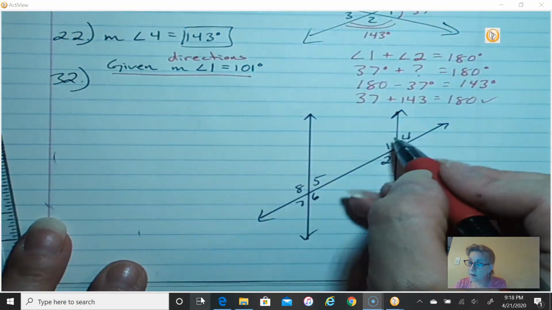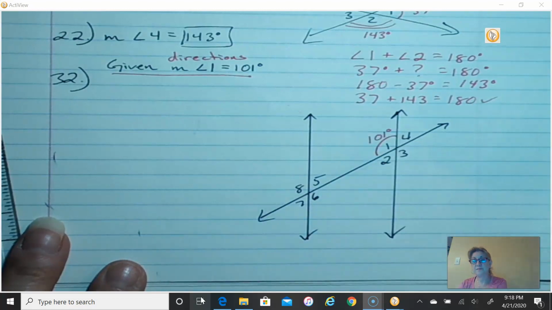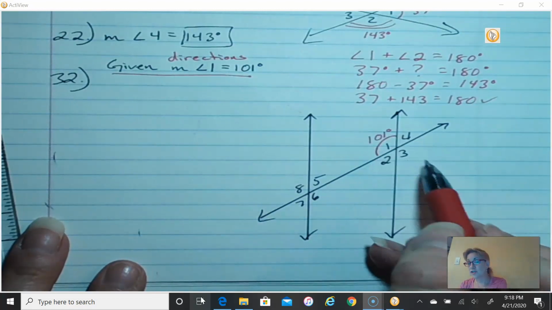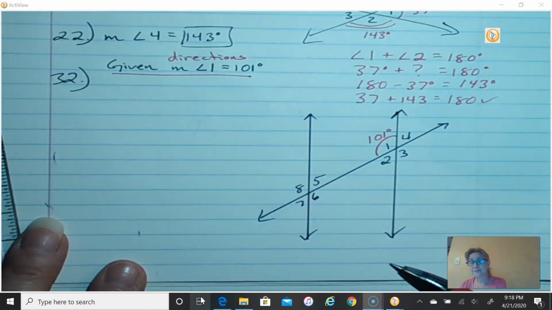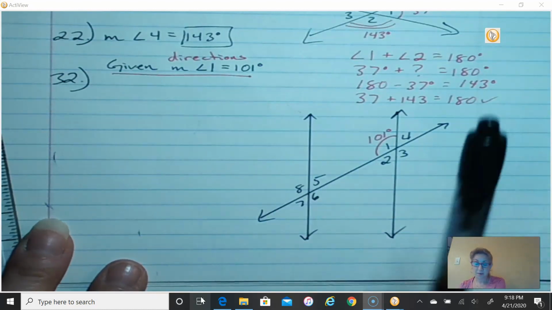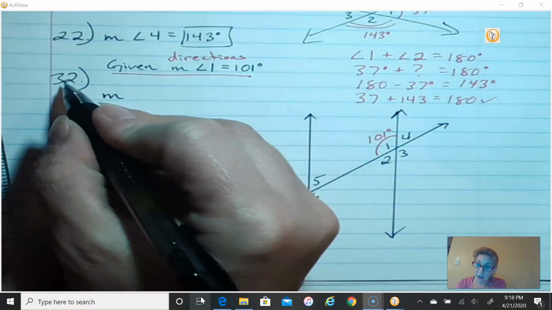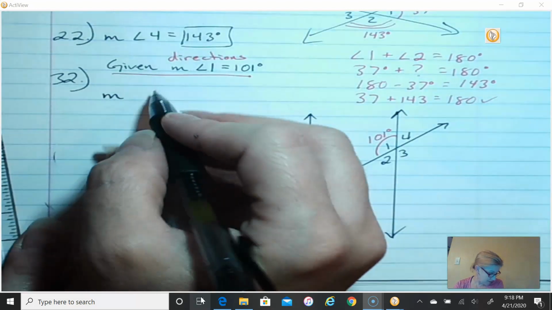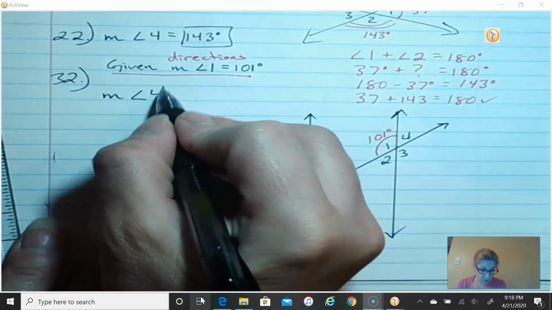Angle 1 is 101 degrees. With that information, you should be able to do all the other angles. You really could. But I'm not going to right now because you're going to have to do some of that for your homework. Number 32, they said, what is the measure for angle 4?